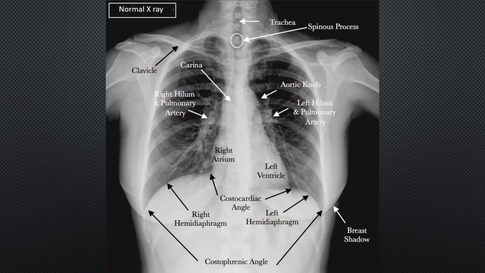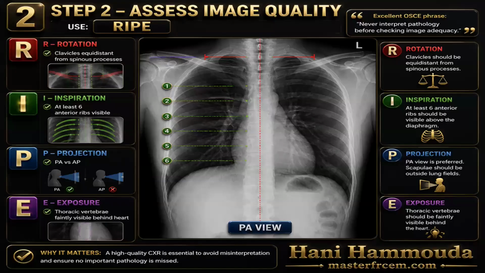Between the heart and the diaphragm, you have the cardiac border on both sides, right atrium and left ventricle. As we go along the diaphragm on the side, we have both costophrenic angles, which is the angle between the diaphragm and the last rib on the X-ray. So this is a normal X-ray basically.